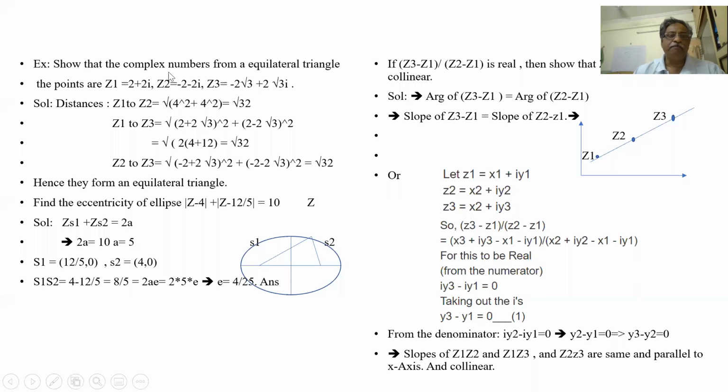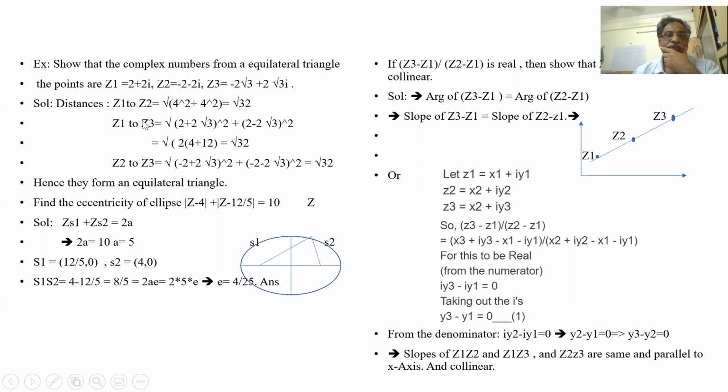See the next problem. Show that the complex numbers form an equilateral triangle. There are three numbers given, 3 points. So we have to see the distance between z1 and z2, z2 and z3, and z3 and z1. Between z1 and z2, 2 minus of minus 2 is 4, and 2 minus of minus 2 is 4. So what is the modulus of this? 4 square plus 4 square, that is root 32.